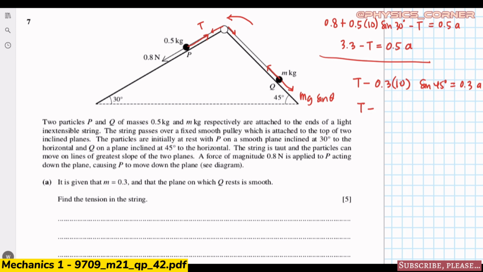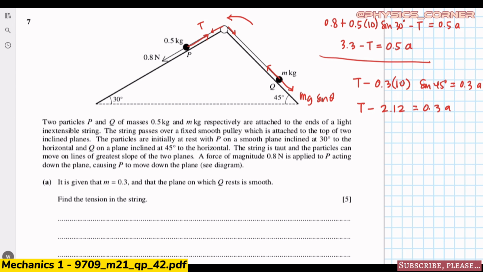So T minus 0.3 g sine 45, which is 2.12, equals to 0.3 a.